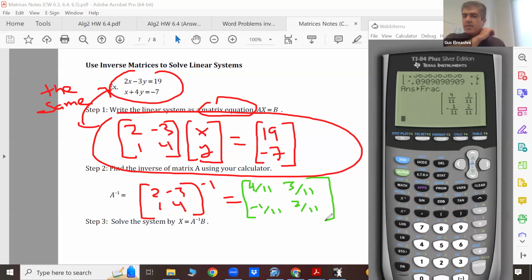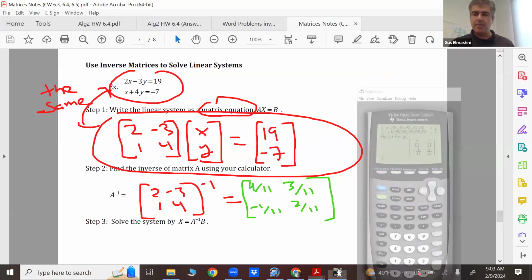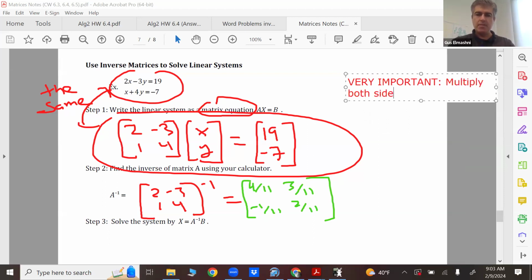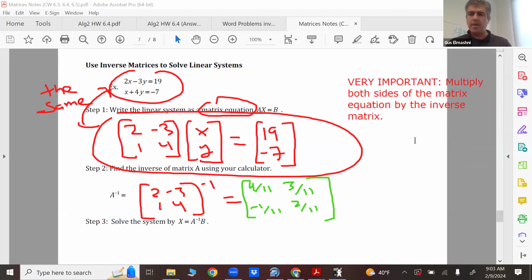Okay. So here's what's going to happen, guys. This is very, very important. This is why this technique works. What you're going to do, okay, multiply both sides of the matrix equation by the inverse matrix.